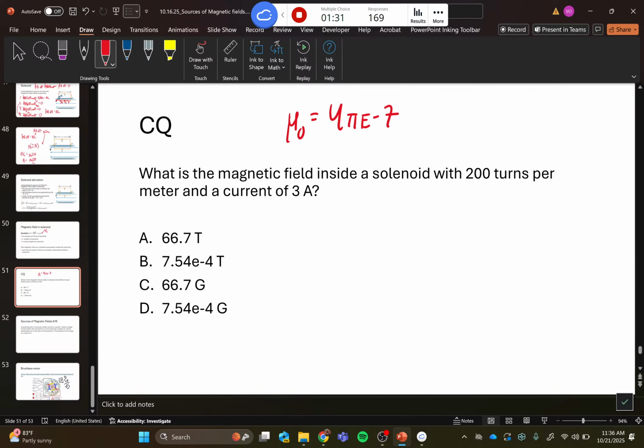All right, give y'all 30 more seconds. Look, I'll even give you the equation. Since it did just show up, we haven't used it before.